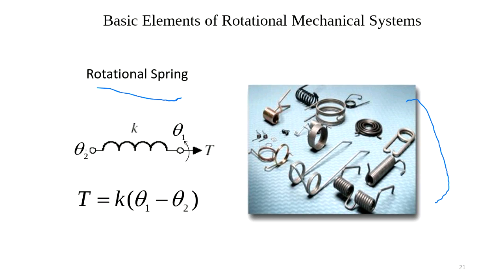When we go to rotational motion, instead of force, we now talk about torque, T. Now, the torque is just like Hooke's law: the constant times the angular displacement, theta1 minus theta2.